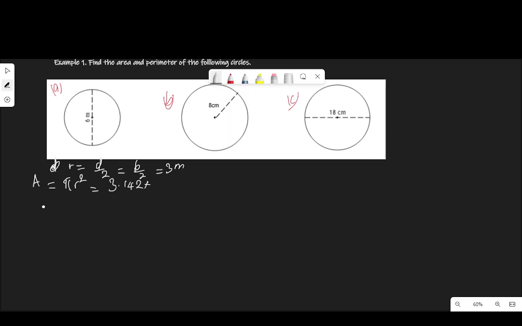Therefore, the area of this circle will be 3.142 times 3 squared, which is 3 times 3, right? That will be 3.142 times 9. Let me use a calculator to do that.